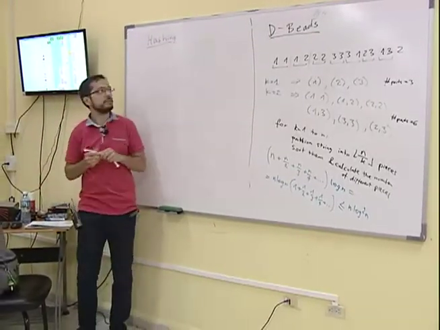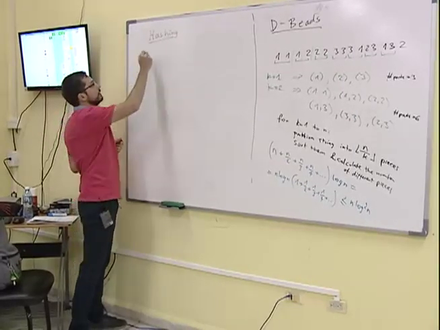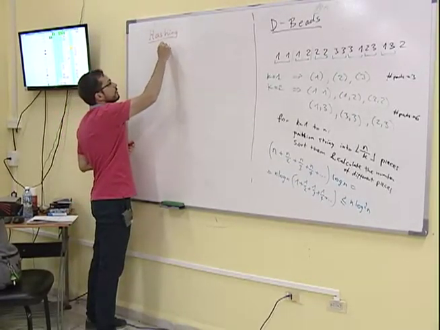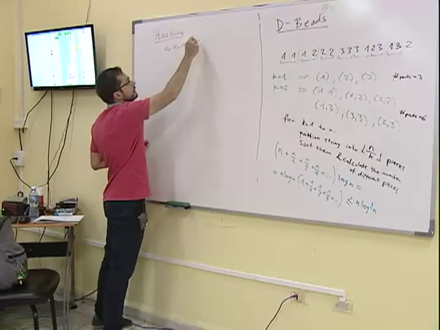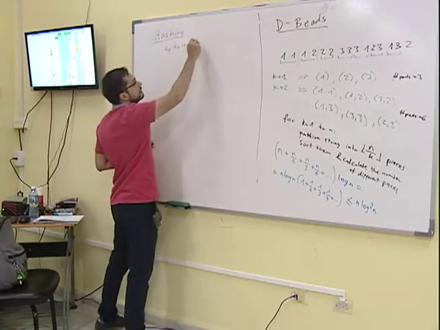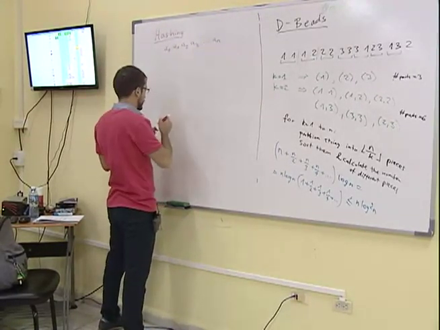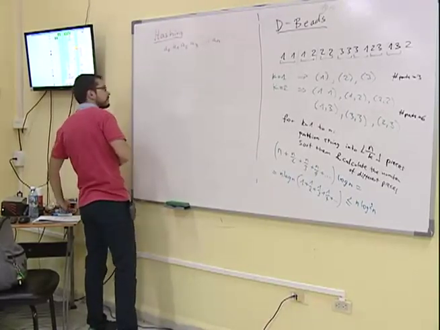So basically, if our string is A0, A1, A2, A3, up to AN, we can obtain the hash of the string.